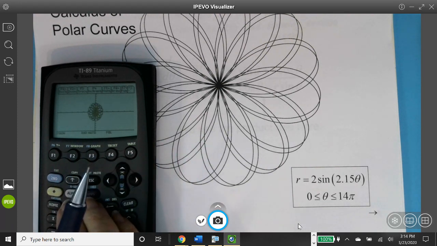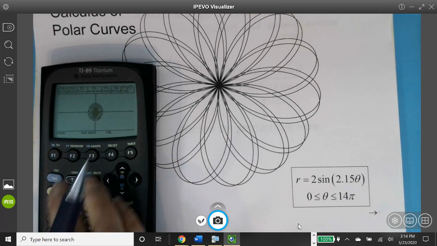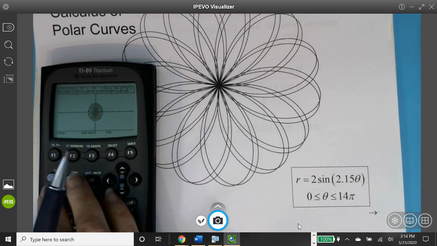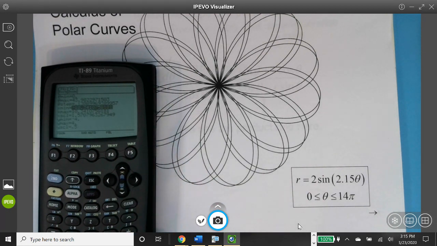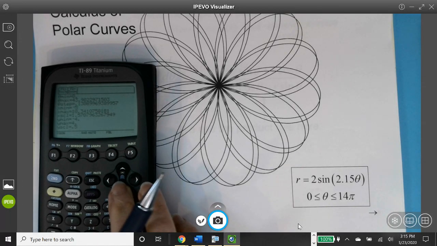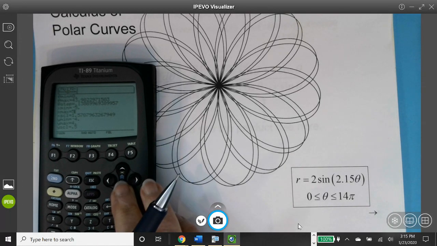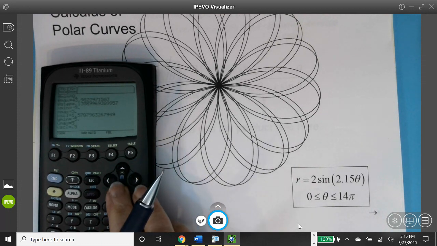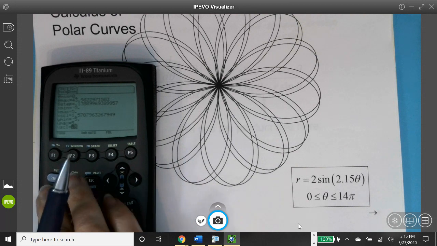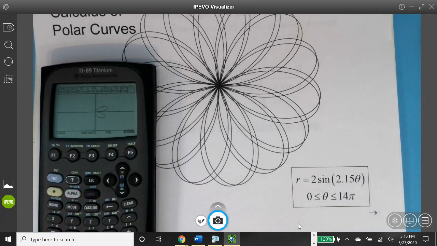Let's do diamond window. Let's change it to negative 5 to 5. And that's better.